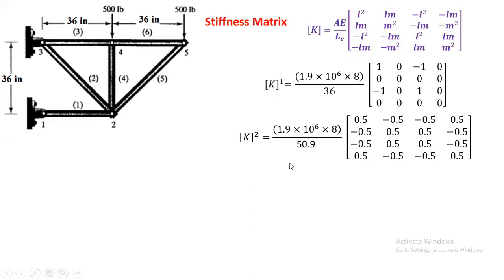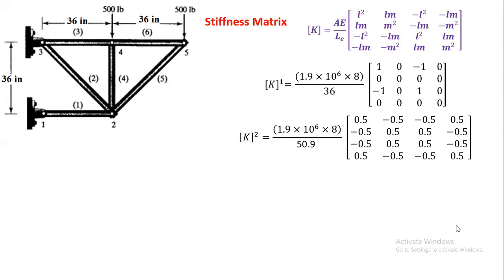Next you have to calculate the stiffness matrix for second element. For second element, this E is constant, A is constant, length is 50.9, already I have shown it. Next one, cos square theta, here it is 135, and cos theta is minus 0.707 and its square is 0.5.